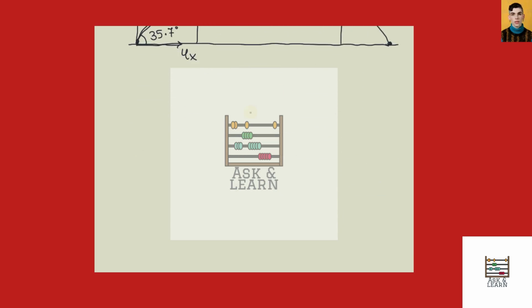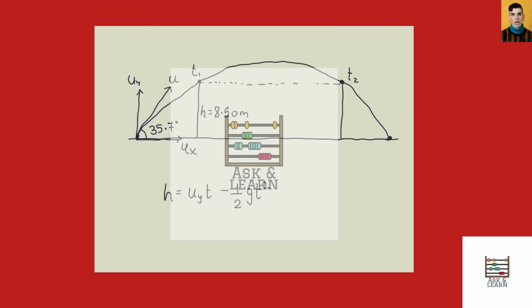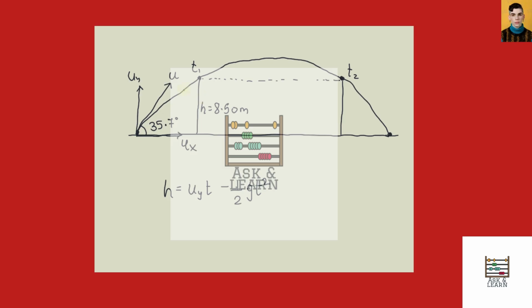We will simply use the equation h is equal to uy t minus half g t square, because the object is going upward, so the acceleration due to gravity is acting downwards. That is why we have written minus half g t square.